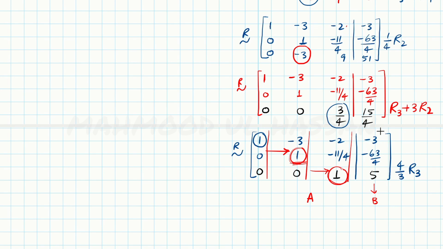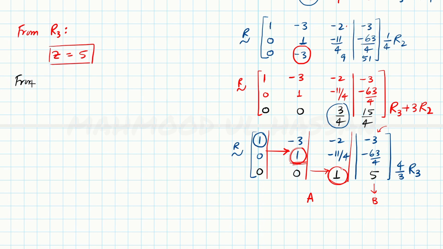After the bar, these entries are the constant matrix. From row 3, we can write 1 times z is equal to 5. So from row 3 we got the value of z, that is 5.